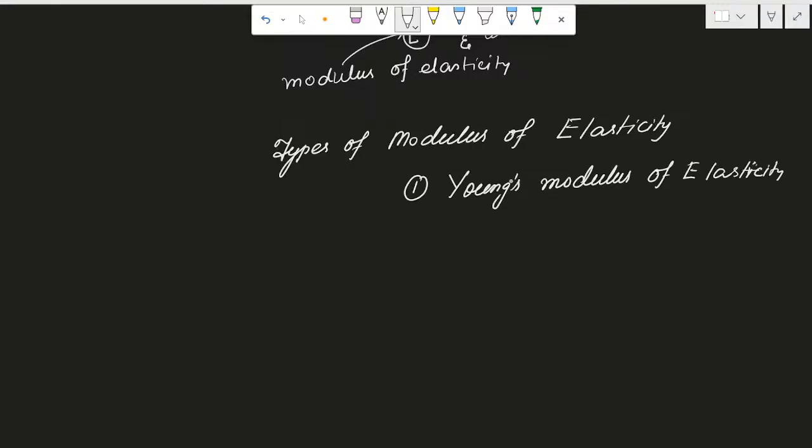Young's modulus of elasticity is denoted by capital Y, and that is normal stress, you know the normal stress, either tensile or compressive, divided by longitudinal strain, that is linear strain.